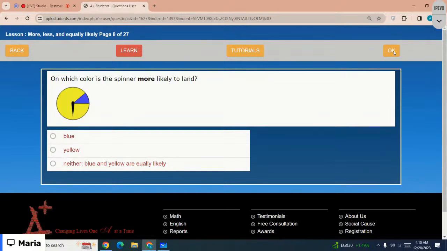Yes, it will more likely land on yellow because most of the portion is yellow, right?